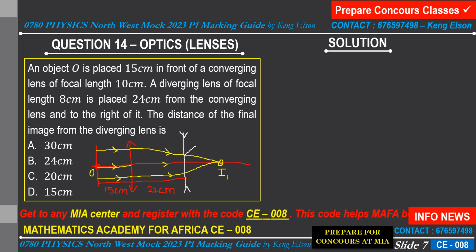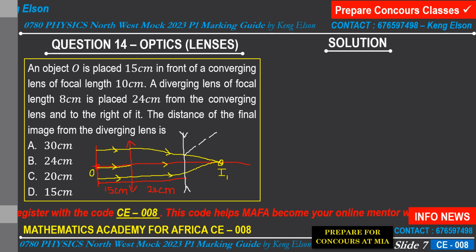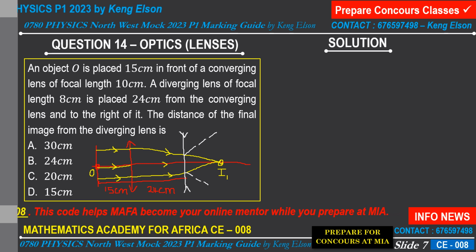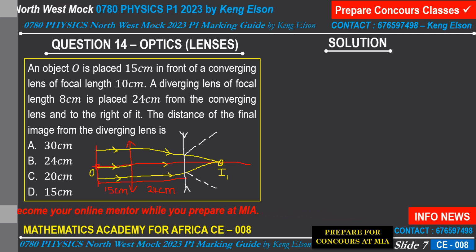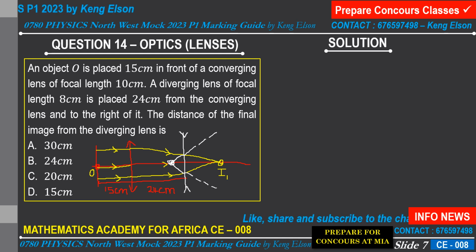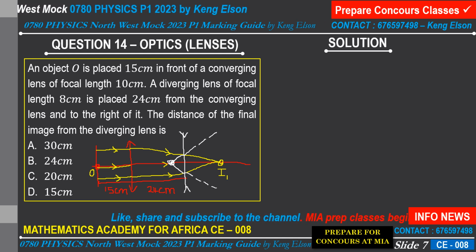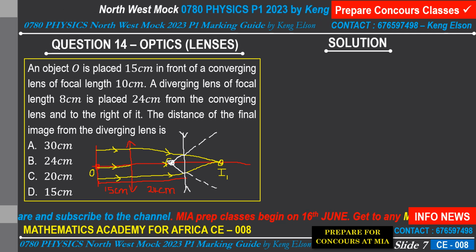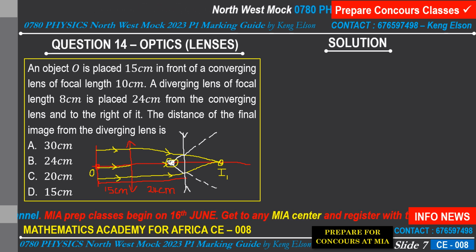So these rays are going to move like this, because the diverging lens diverges the rays, and to get the position we have to extrapolate backwards and we get where the final image is going to be formed. So this is where the final image is going to be formed in the case where the diverging lens is now placed. Our objective is to find the distance from this final image to the diverging lens.